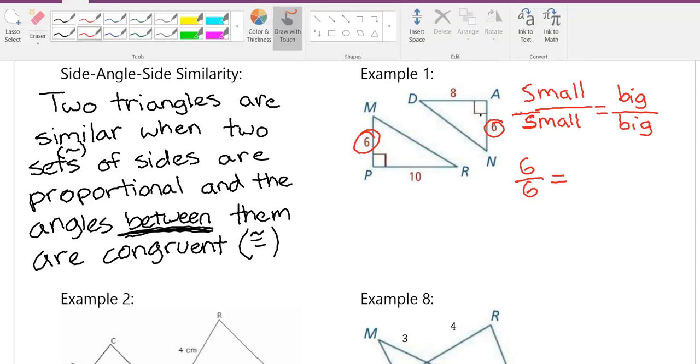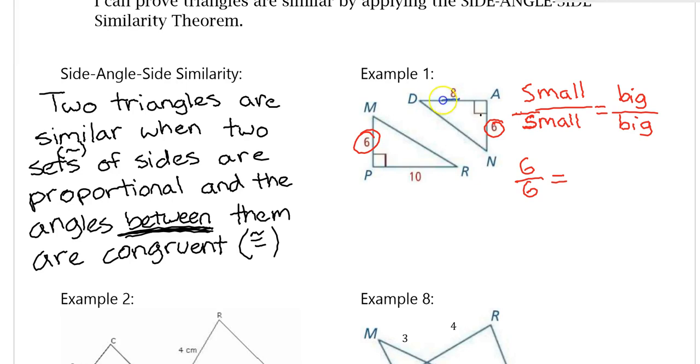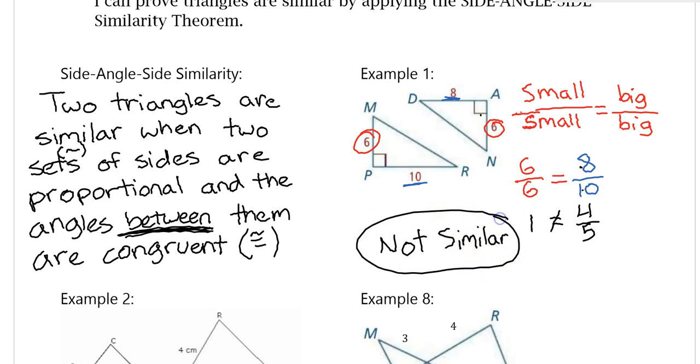And then big over big, 8 over 10. So then 6 divided by 6 is 1. 8 divided by 10 reduces to 4/5. So already, these are not equal, so the angle doesn't even matter. These are not similar.